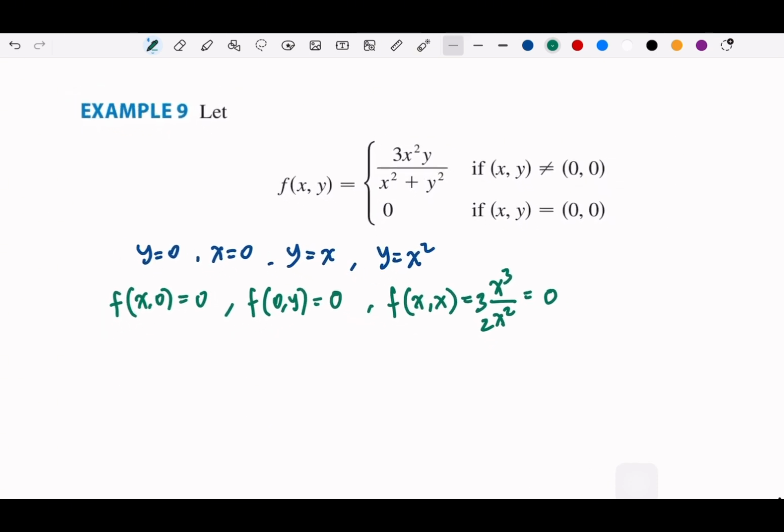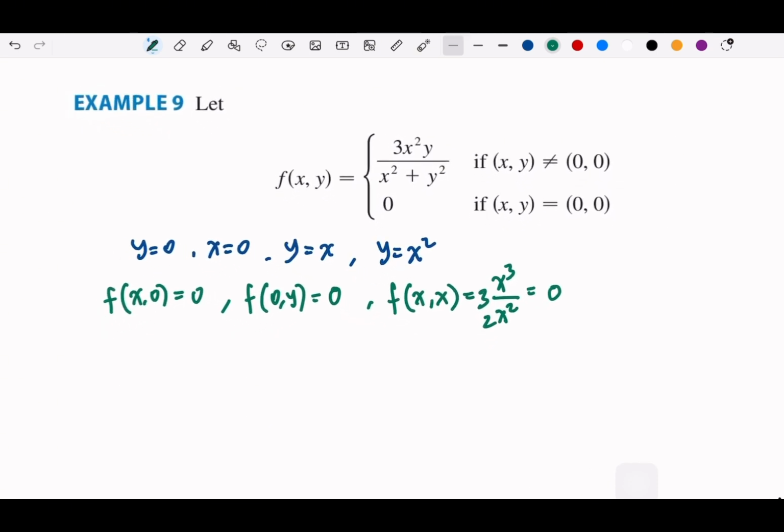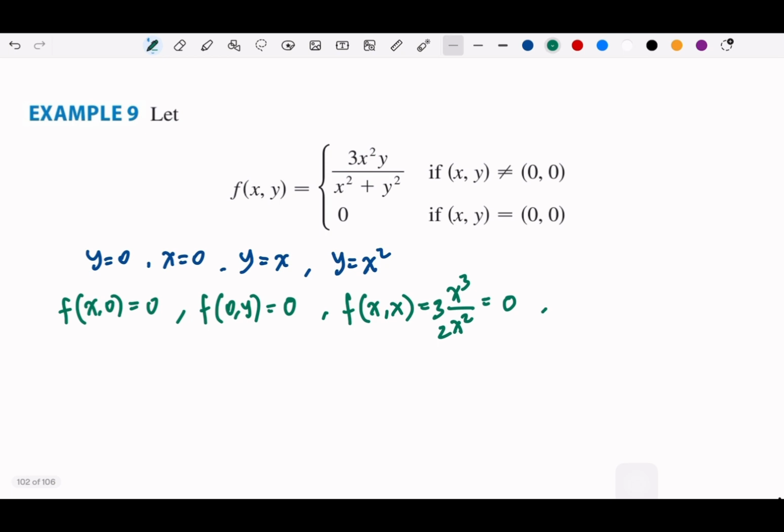So we try y equals x squared. So here we have x and x squared. So 3x to the fourth, and then x squared is x to the fourth, so x squared plus x to the fourth.